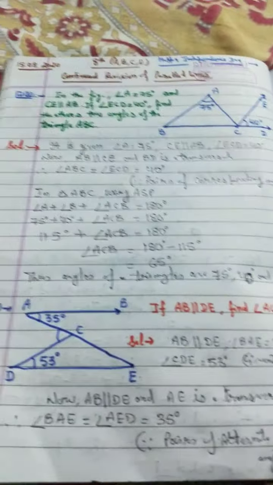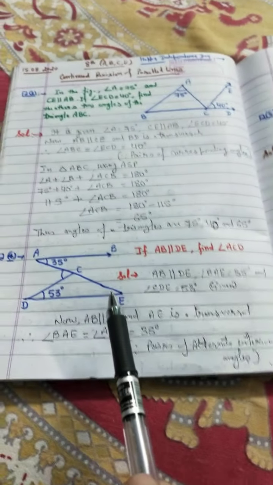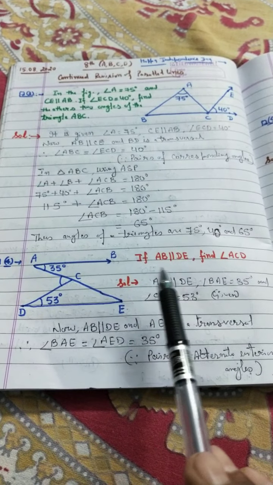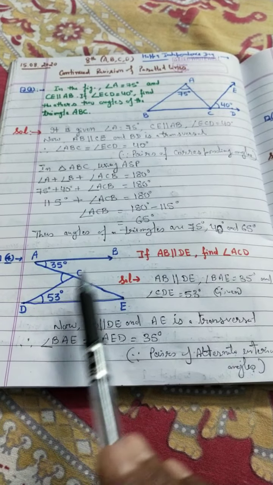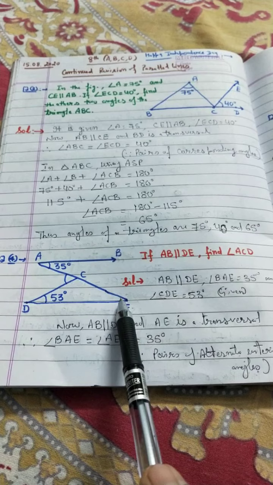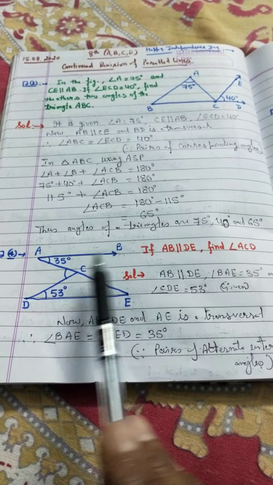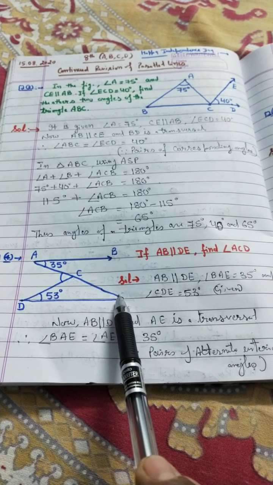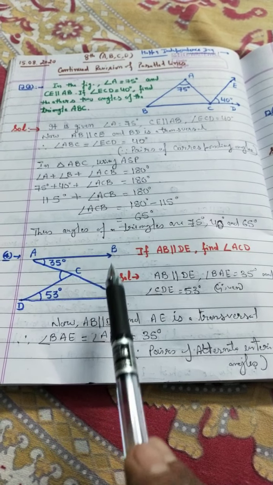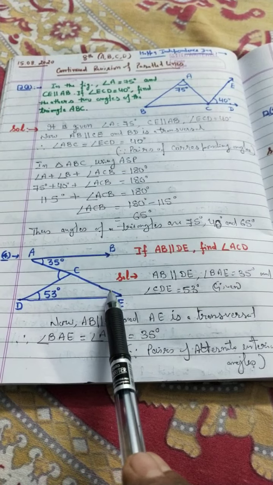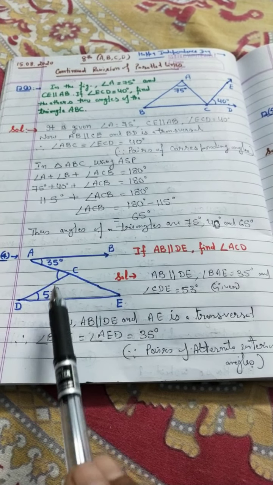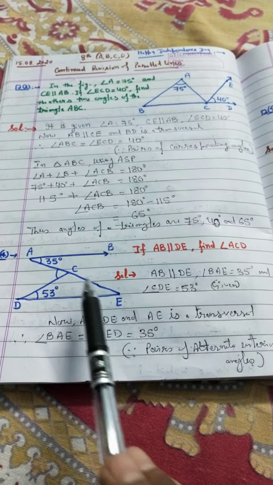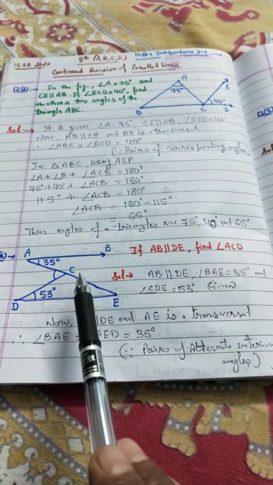Okay. Now, second, this is your figure. AB is parallel to DE, so it is clear that AE is your transversal. Then angle BAE is equal to 35, and also angle AED is equal to 35, because they are pairs of alternate interior angles.